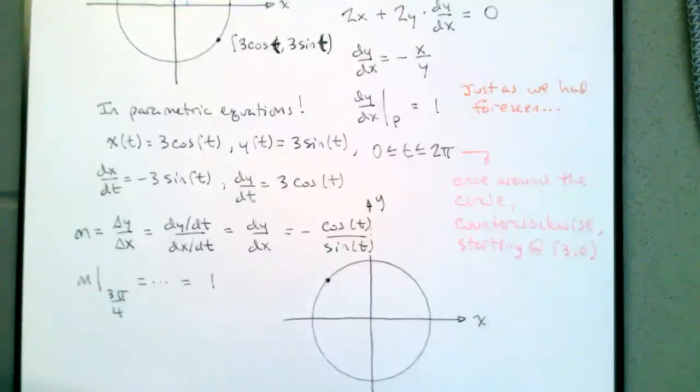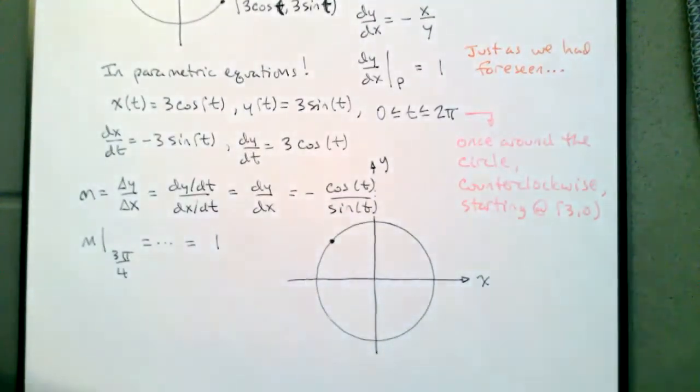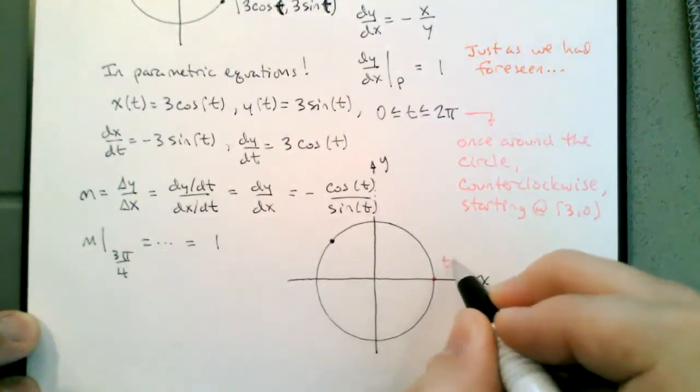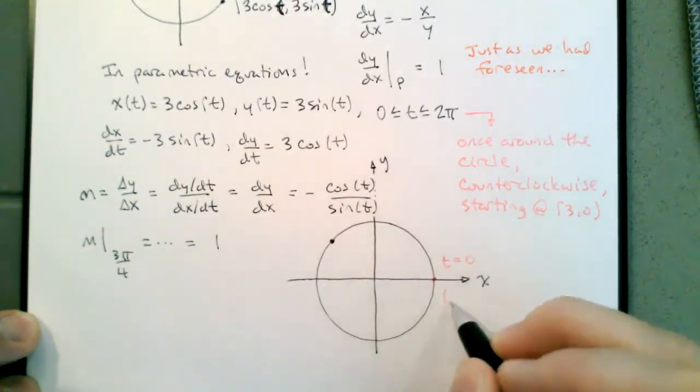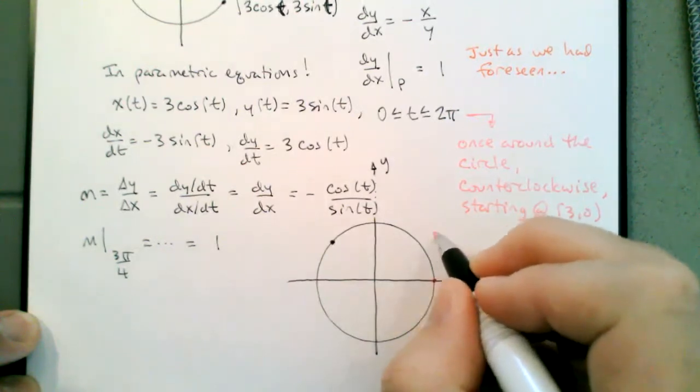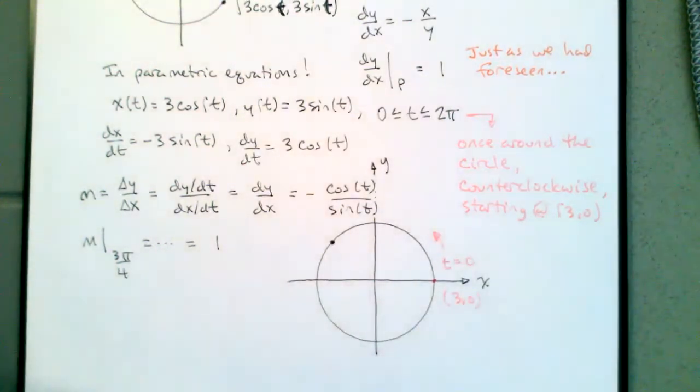We know that if we start off at 3, 0, when t is equal to 0, we're at the point 3, 0. And we're going counterclockwise around the circle. We now have more information because we've assigned an orientation to this curve.